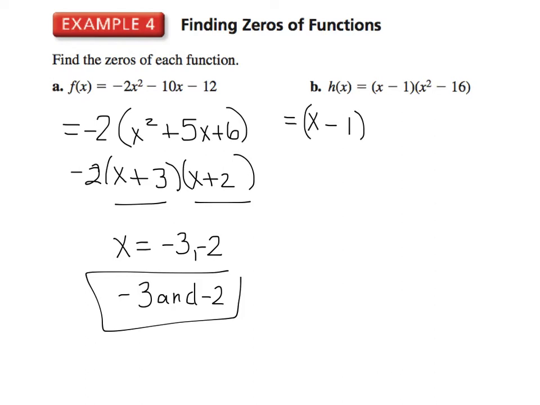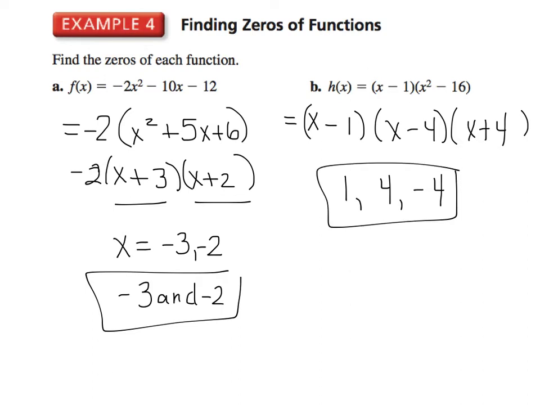In the next one, x minus 1 is just going to remain there. And x squared minus 16 would give me x minus 4, x plus 4. That would give me zeros of 1, 4, and negative 4. So 1, 4, and negative 4 would be my answers. Now there's something to make note of here.